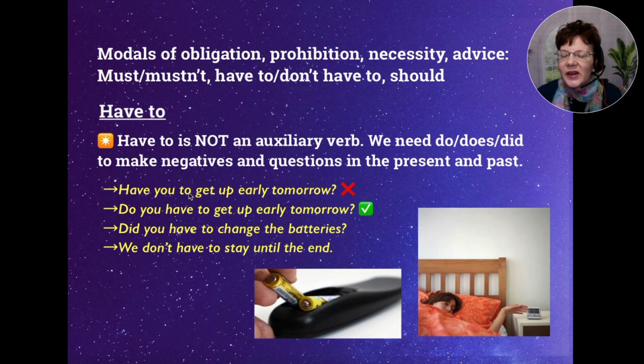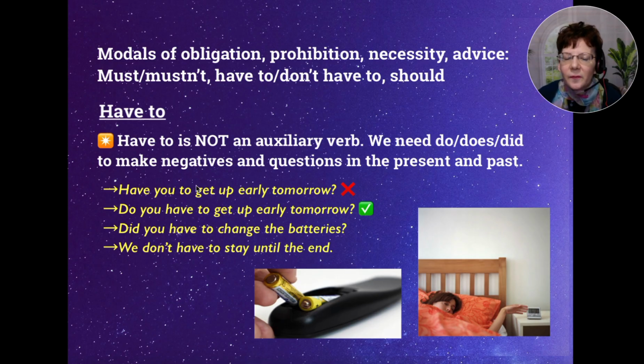So let's talk about have to. Have to is not an auxiliary verb like we just saw. We need do, does, or did to make negatives and questions in the present and past.